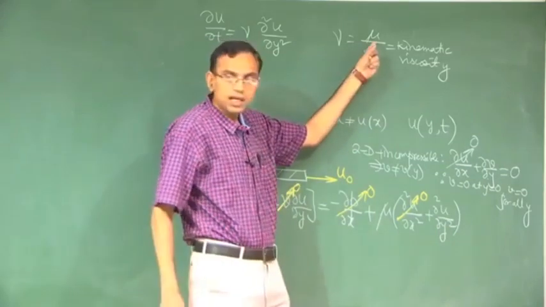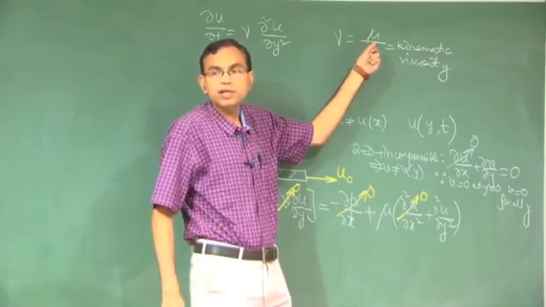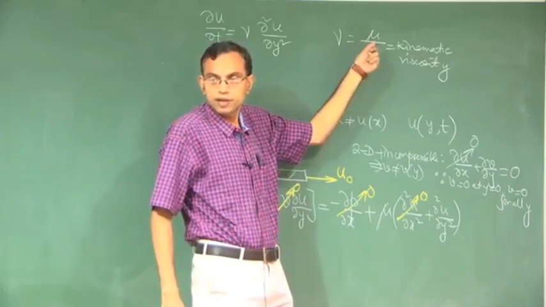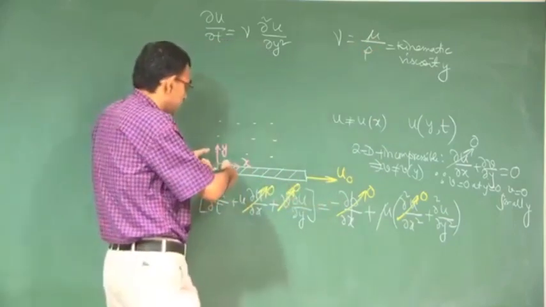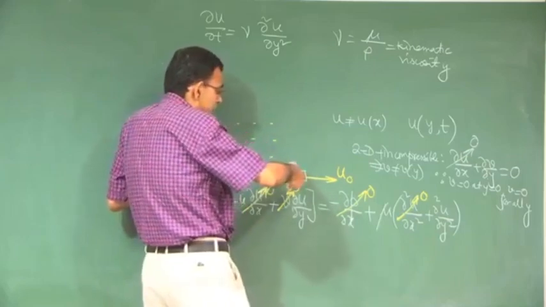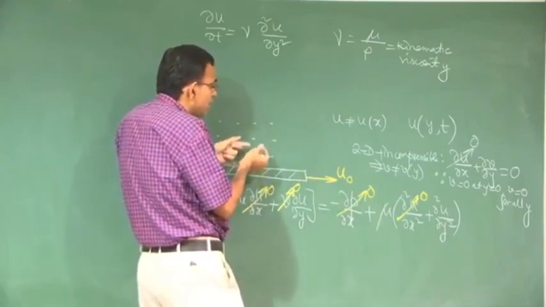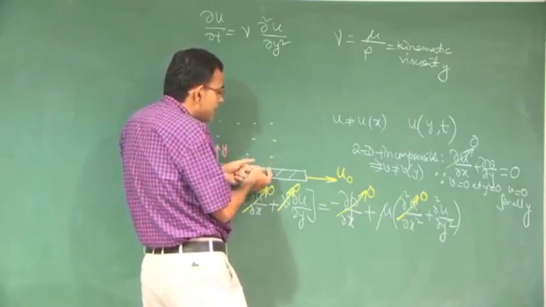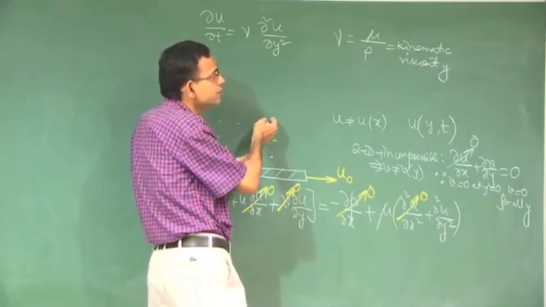See, viscosity is the ability to create momentum disturbance. If you have a plate, when the plate is moving, by virtue of the fluid property viscosity, this message of movement of the plate is propagated to the outer fluid.